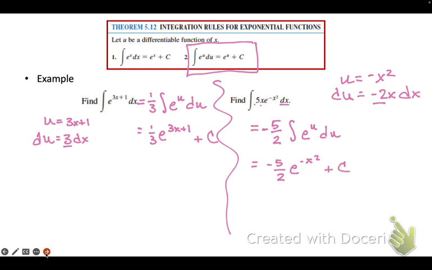Now I would get upset if you didn't move that negative exponent, only because that's an easy one to move, right?